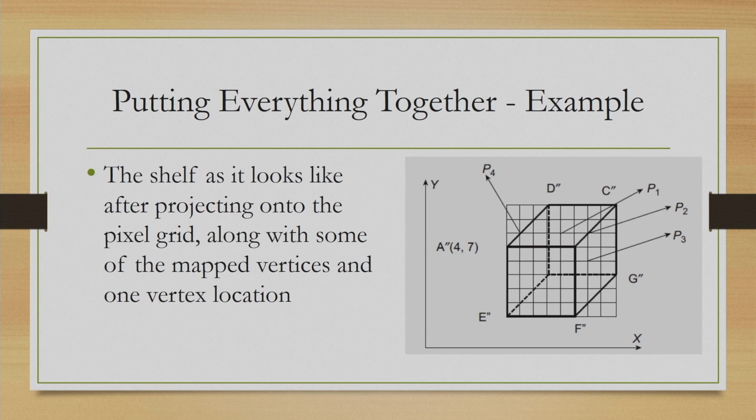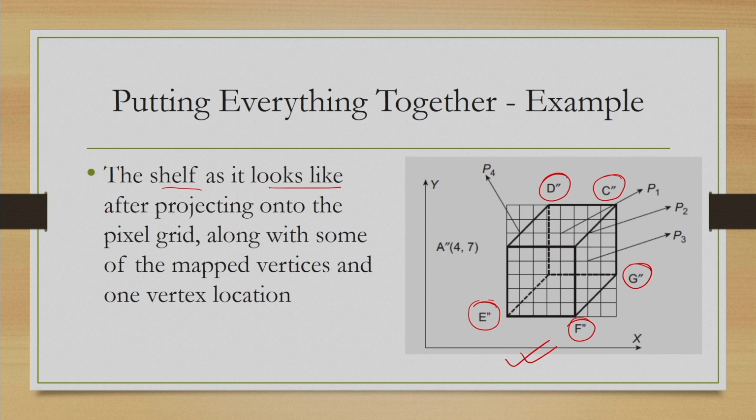We also have to know its projection in order to be able to apply shading. Now, that is mentioned here. The shelf looks something like this as shown here, with the vertices specified, each of which corresponds to the corresponding vertex in the original scene.